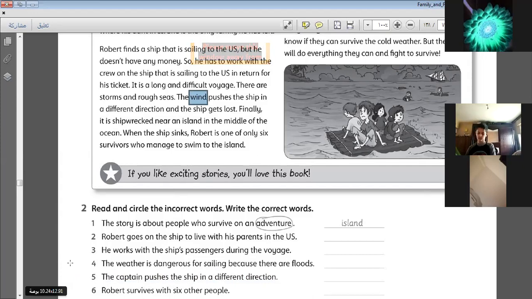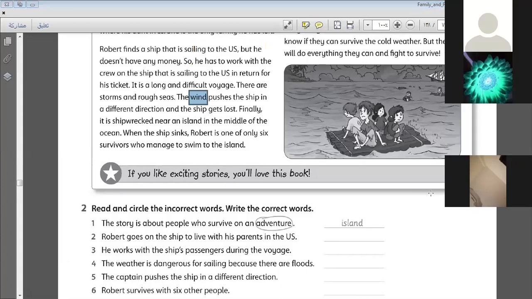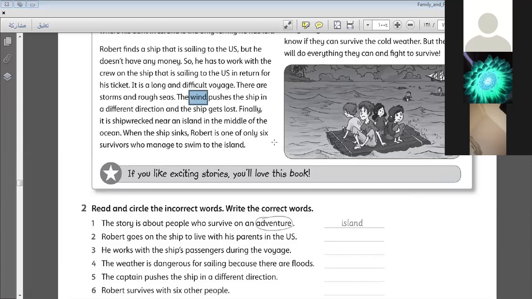Now, number 6, Robert survives with 6 other people. You want to count Robert with them. Yes, Mohammad Fares. Robert survived with 6 other people. 5.